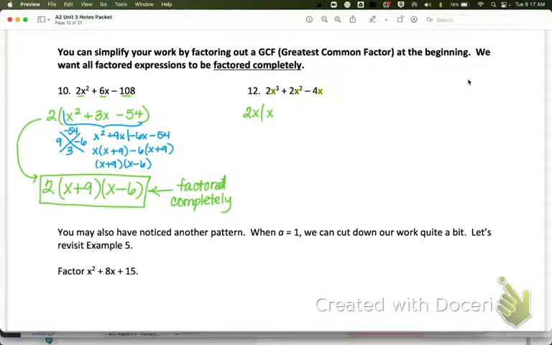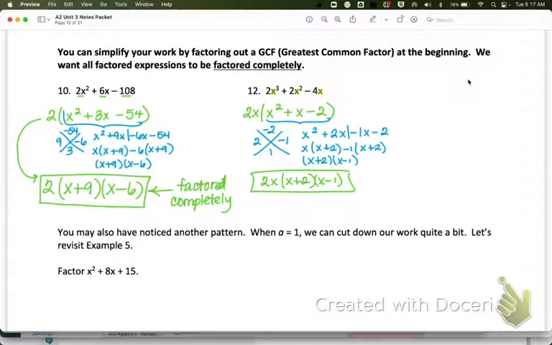I'm going to get x squared plus x minus 2. All right, pause your video and see if you can try factoring that second green factor now, just like we did in blue, and see if you can write your final answer. There you go. That's what you should get. x plus 2, x minus 1 is what that factors out to.